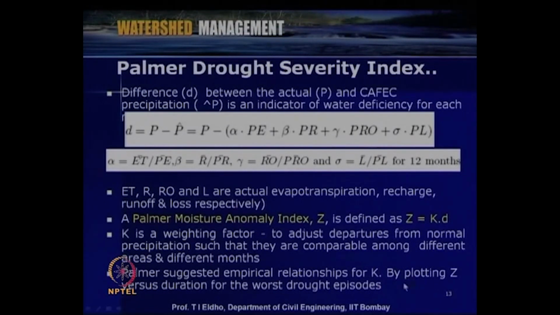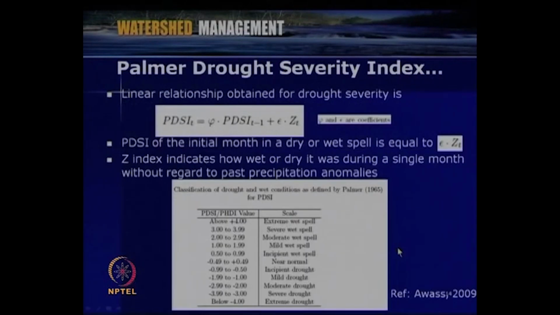So, by plotting Z versus duration for the worst drought episodes, we can obtain the variation, and then the linear relationship obtained for drought severity we can write as PDSI at time t is equal to psi into PDSI at the previous time plus epsilon into Z_t, where psi and epsilon are some coefficients.